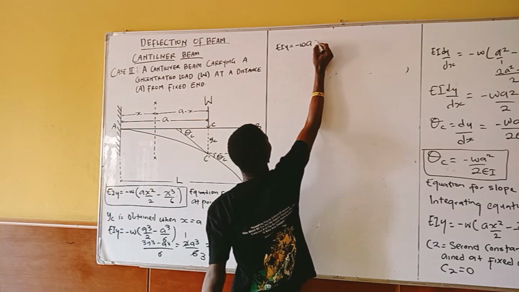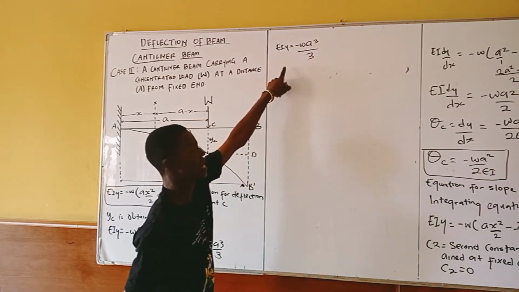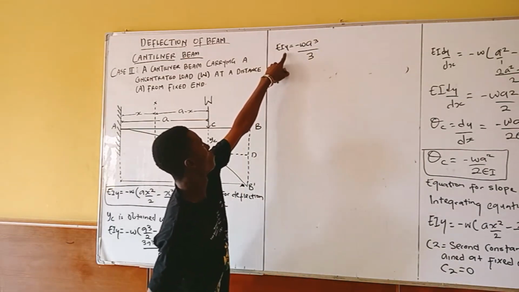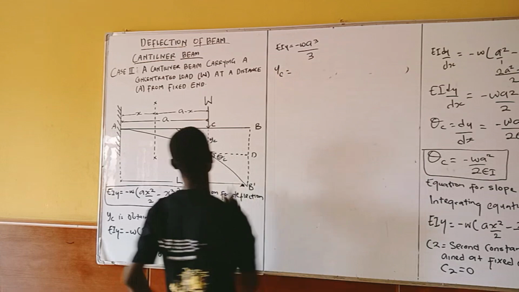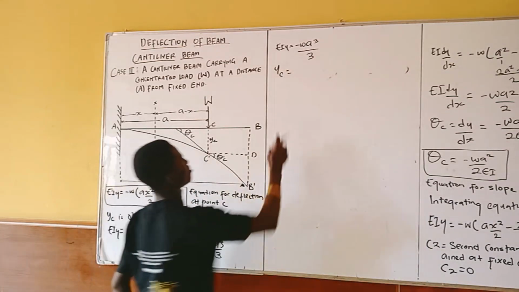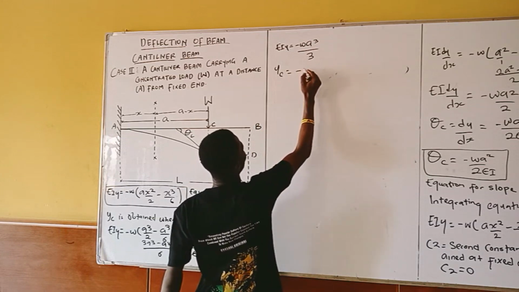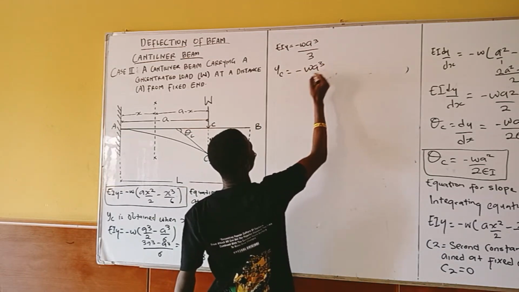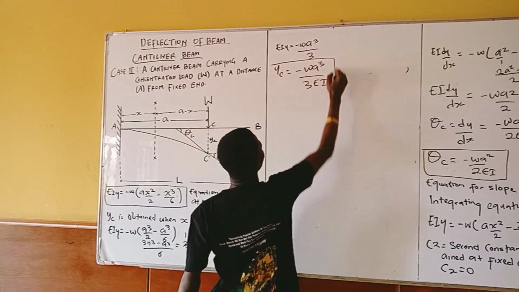But don't forget that this is at point C. So my deflection at that point is YC. Now I'm going to divide both sides by EI, so it remains YC equals minus WA cube over 3EI.